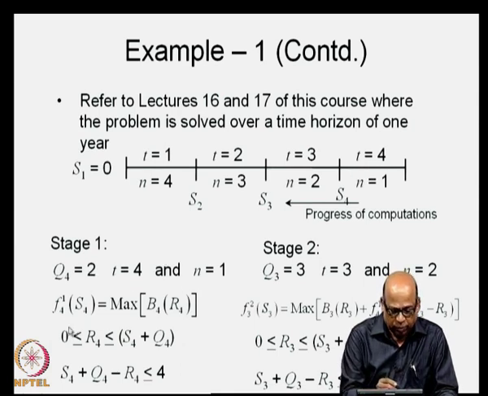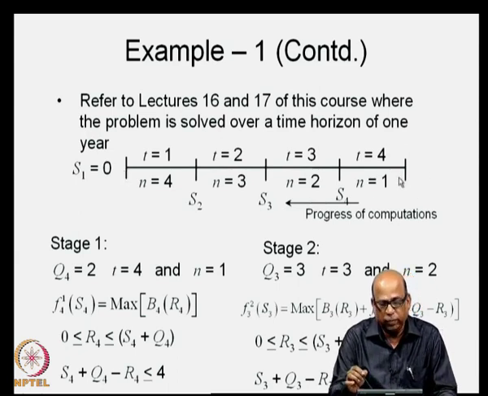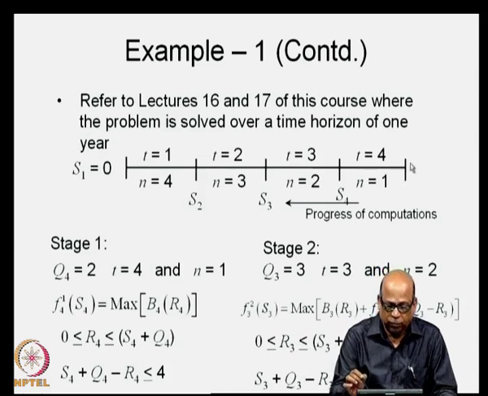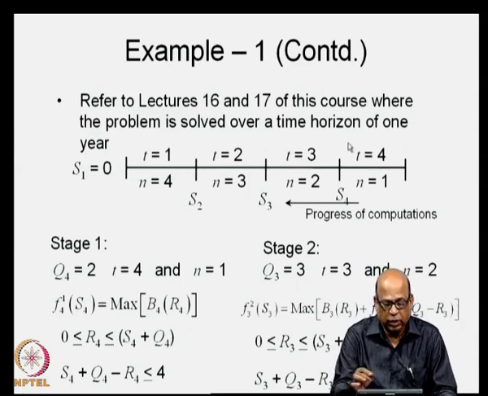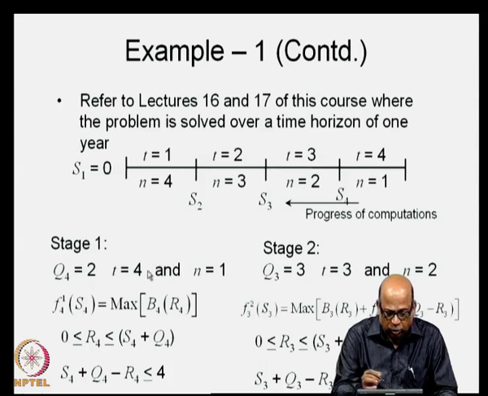We wrote the recursive relationship here because there is nothing to look beyond. Remember, in that case we solved it only for 1 year. I am showing here the problem that we have already solved in lecture number 16 or 17, where we solved it for 1 time period, 1 year, I am sorry, 1 year, and then we went on to stage 2.